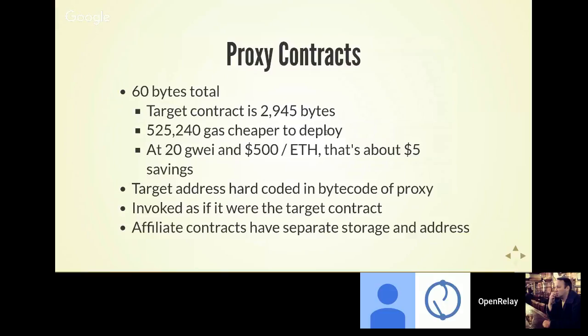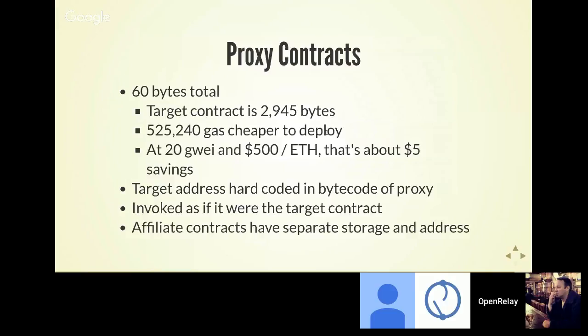The proxy contract will be invoked as if it were the target contract. So you don't have to think about the fact that you're interacting with a proxy. You really just treat it as though it were the target contract, and then the bytecode basically executes the fallback function of the proxy contract, which does a delegate call back to the original contract to call whatever code you were trying to execute.